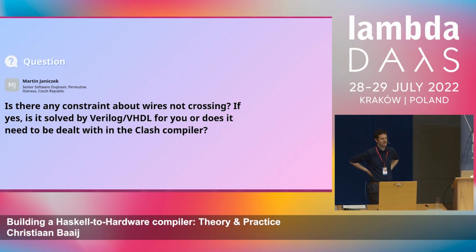So yeah, if you build a chip, then there's a limited amount of what we call metal layers. And normally if wires cross, you would just go into a higher layer and then go down again. And that's really not solved by us. So I talked about the synthesis and place and route, and they try to figure out a path.